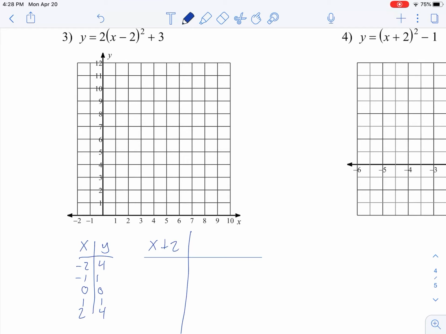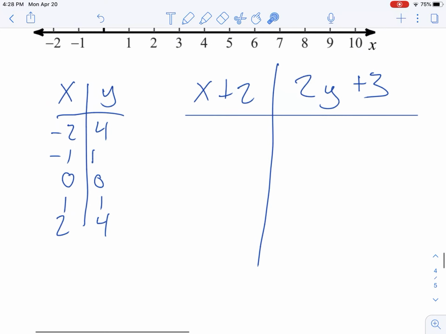And then we have a stretch of 2, so 2 is multiplying with y, and then plus 3. So I'm saying 2y plus 3. Essentially, I'm replacing my parentheses squared with a y. Okay, and now I'm using my x values, and my y values.